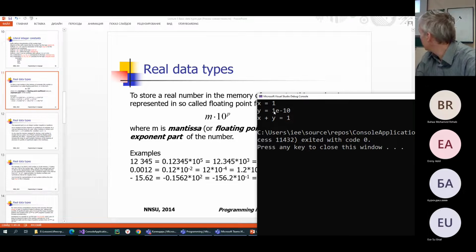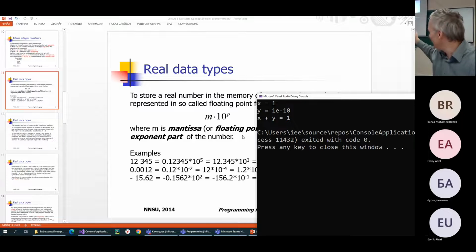This coefficient means M, the mantissa. This symbol E means 10, and the minus 10 is the power.